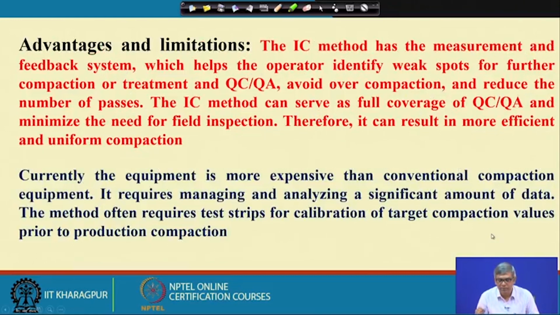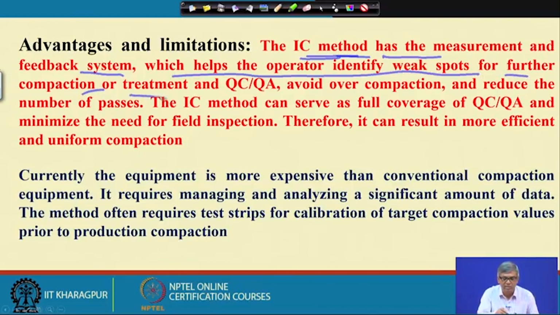The advantage is that the intelligent compaction method has a measurement and feedback system which helps the operator identify weak spots for further compaction or treatment, supports quality control and quality assurance, avoids over compaction and reduces the number of passes.